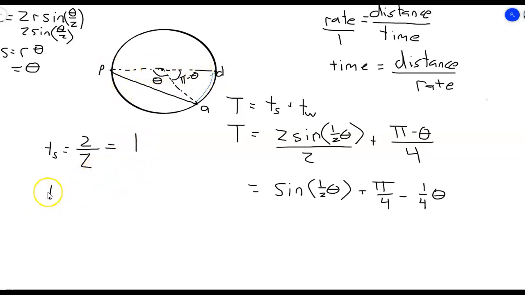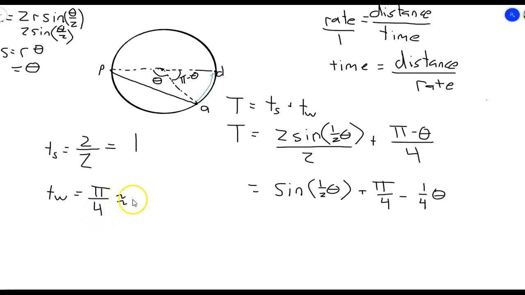And how about if he were to walk around the whole thing? Well, if the total distance around is 2 pi, then half the distance around is pi. So that would be equal to pi divided by the rate of walking, which is 4.